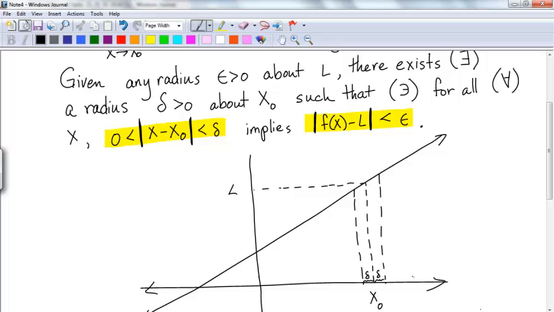This is x sub 0, this is x sub 0 plus delta, and this one would be x sub 0 minus delta. The distance in between each one of those is delta, so add delta and subtract delta.